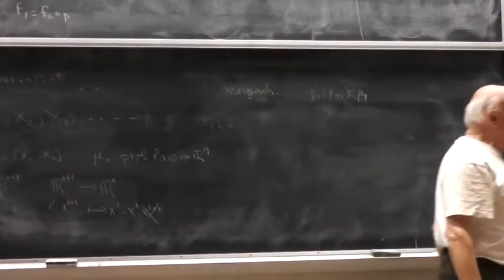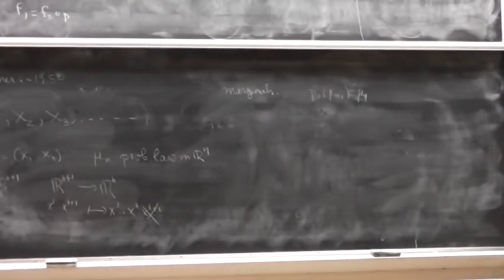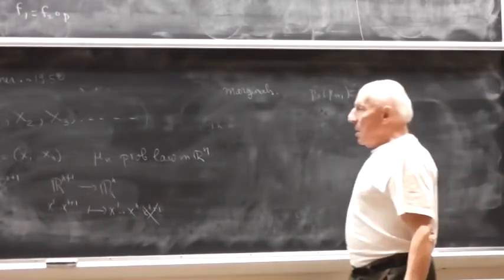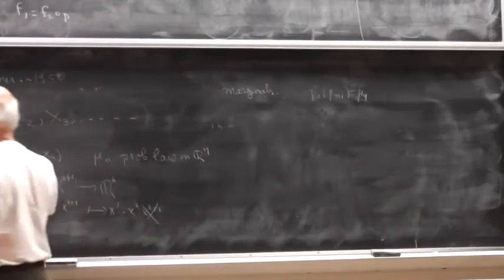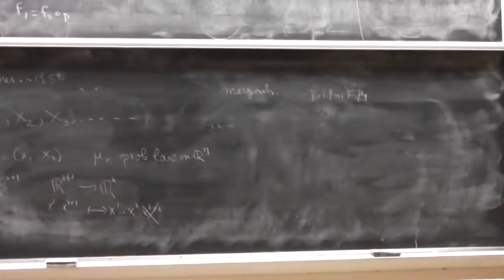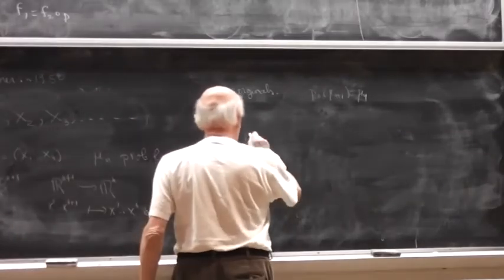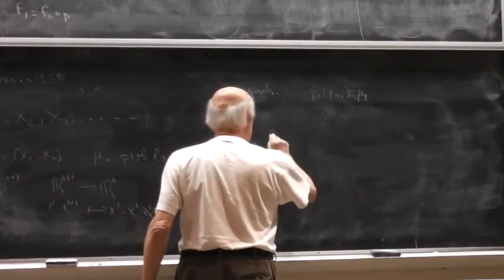But now there is a well-known theorem by Kolmogorov, which says that with a proper definition of integration in infinitely many dimensions, which was provided at the time, you have a measure mu infinity on the space R infinity.